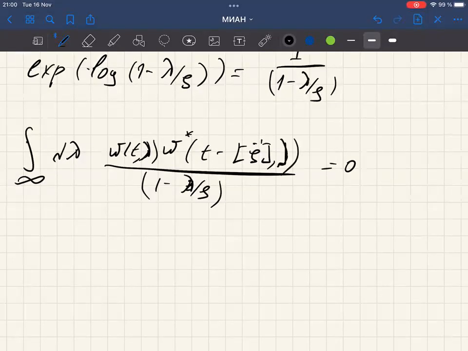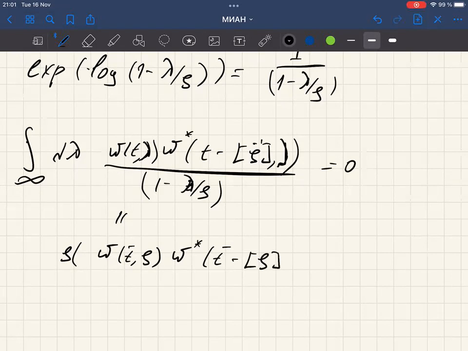It could be shown that this integral is equal to zeta w of t minus plus z minus 1, and it should be equal to 0.